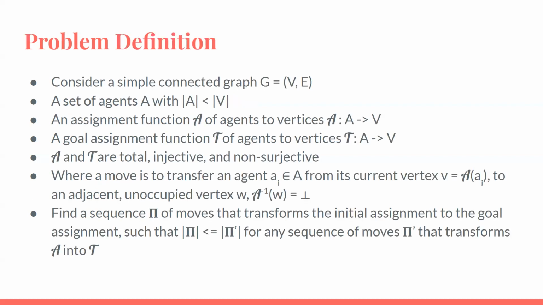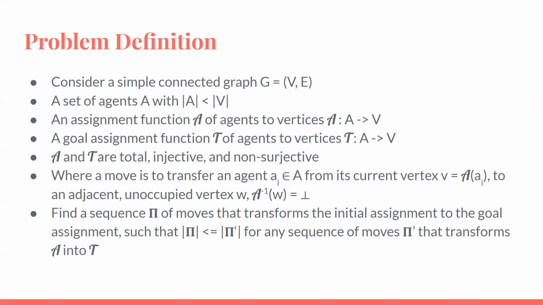To dive right into the problem definition, I'd like you to consider a simple connected graph G = (V, E). A graph is considered simple if there is at most one edge between any two vertices. I'd like you to also consider a set of agents A, where the number of agents is less than the number of vertices.